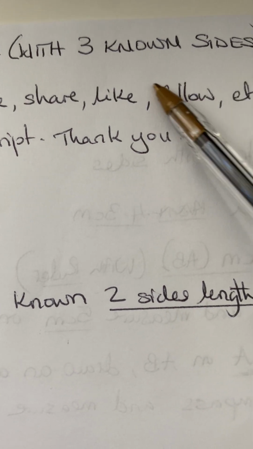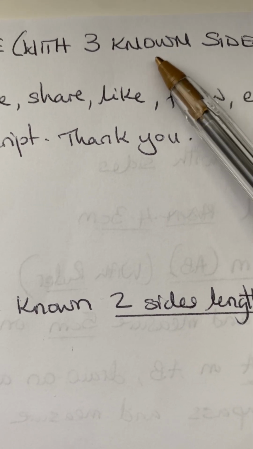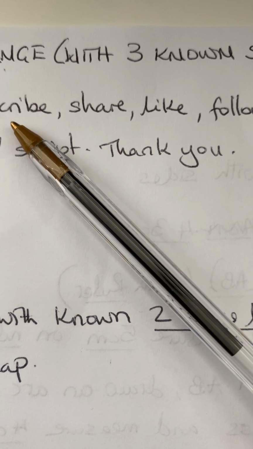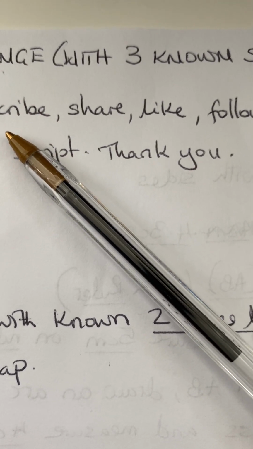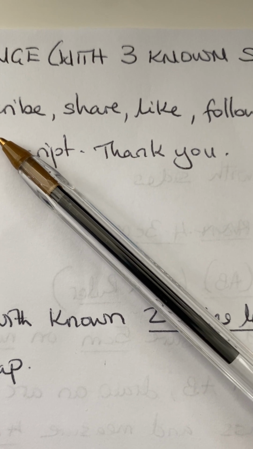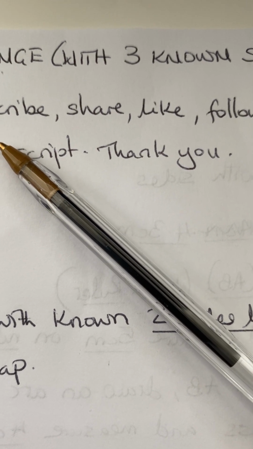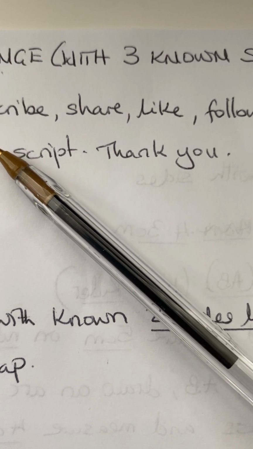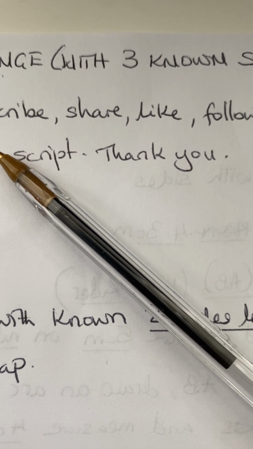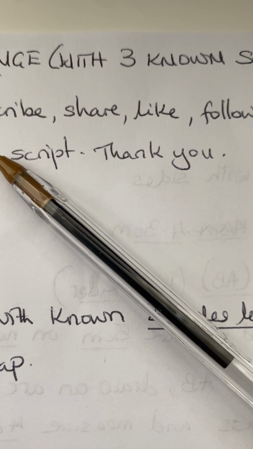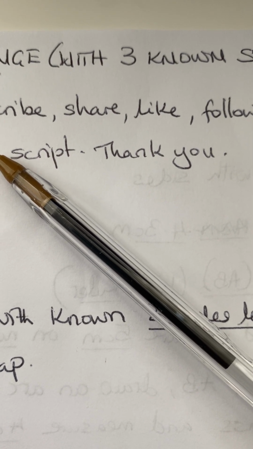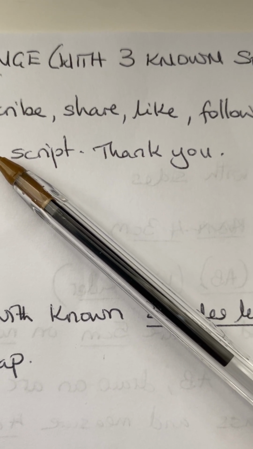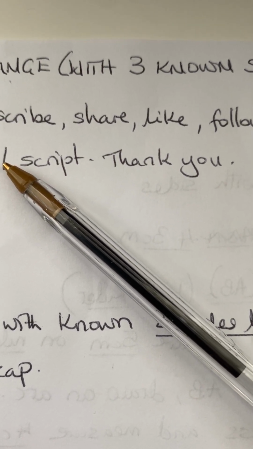Okay, we've looked at constructing a triangle with 2 sides and with 2 angles and 1 known side. And then we went on yesterday to look at constructing a triangle with 1 known angle and 2 known sides.